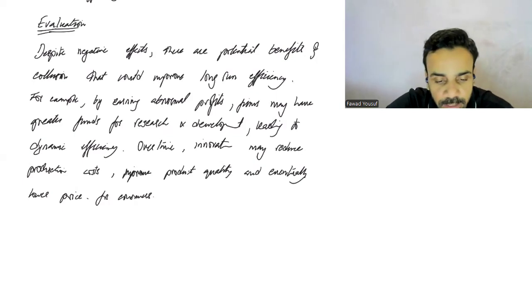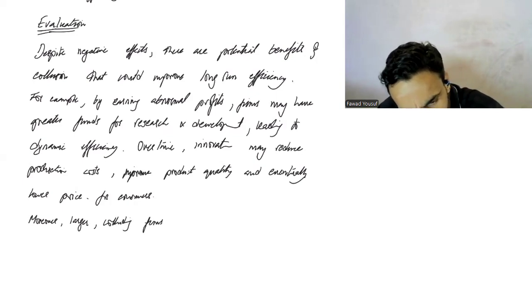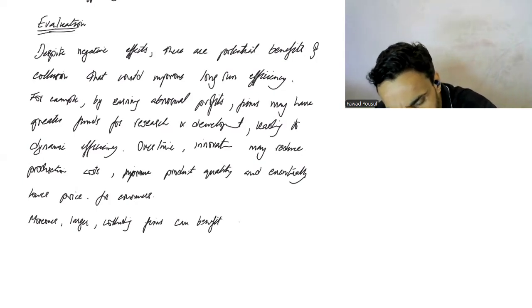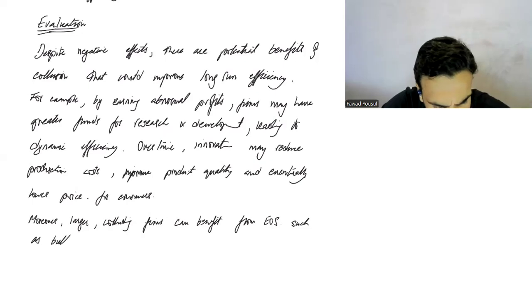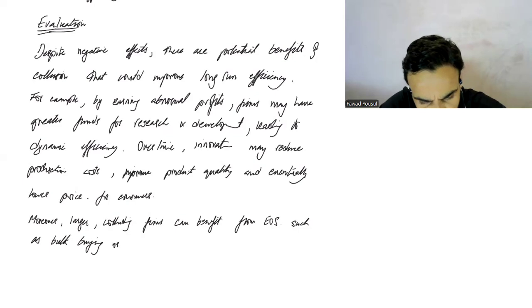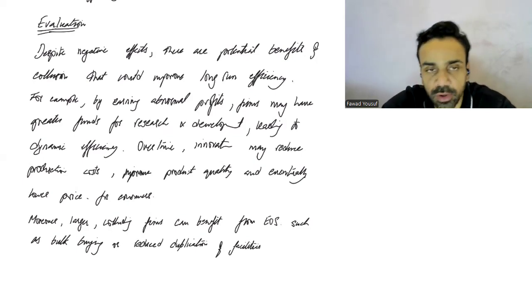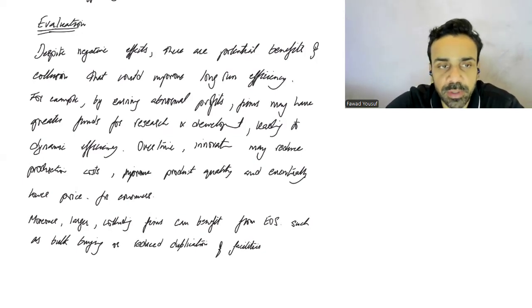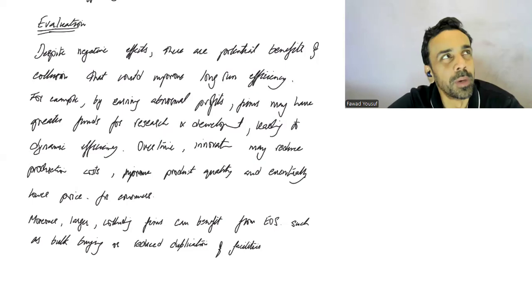So ये obviously possibility है. One of the things that we always write about larger firms is moreover larger colluding firms can benefit from economies of scale such as bulk buying or reduced duplication. ये नेचुरल रिसोर्सेज के लिए ज्यादा यूज होता है. डुप्लीकेशन ऑफ फैसिलिटीज. अभी एक ही सामने क्या हो रहा है कि एक ही रोड के ऊपर चार किस्म के बैंक्स हैं और जब फर्म्स आपस में कलूट कर जाती है तो ऑब्वियसली यू नो, this would sort of be more in the case of a merger वैसे तो.